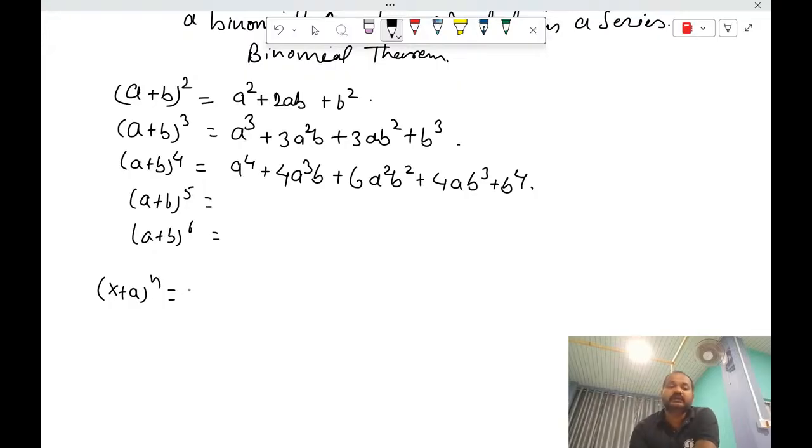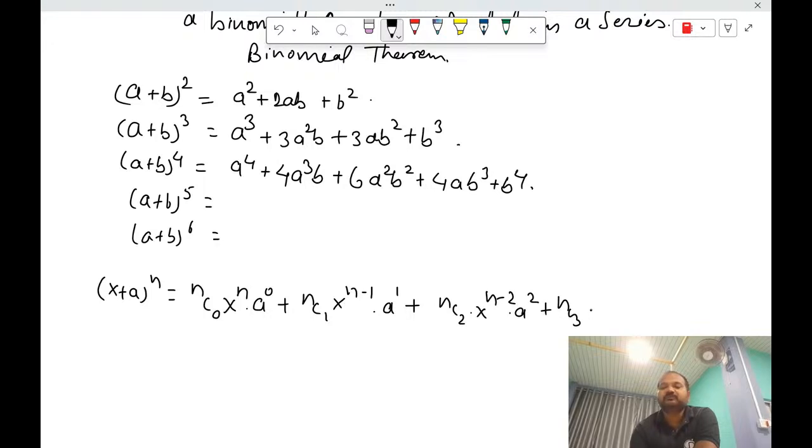This formula will be written using the concept of combinations: nC0 x to the power n and a to the power 0, plus nC1 x to the power n minus 1 into a to the power 1, plus nC2 into x to the power n minus 2 into a square, plus nC3 into x to the power n minus 3 into a cube, up to n terms because the exponent is n, so nCn x to the power 0 and a to the power n.